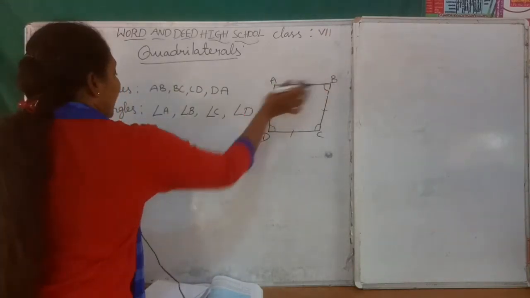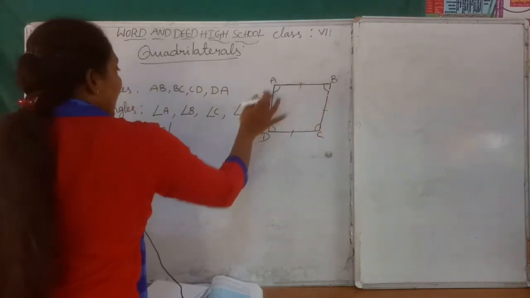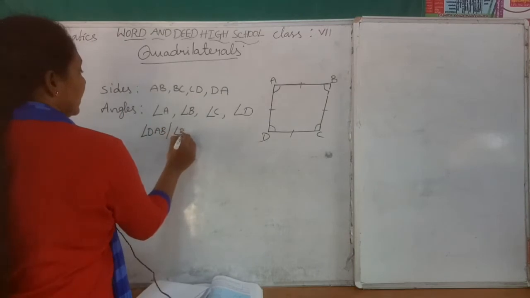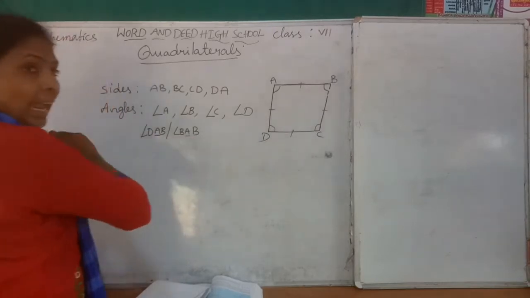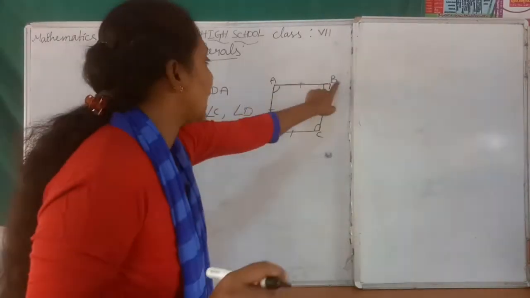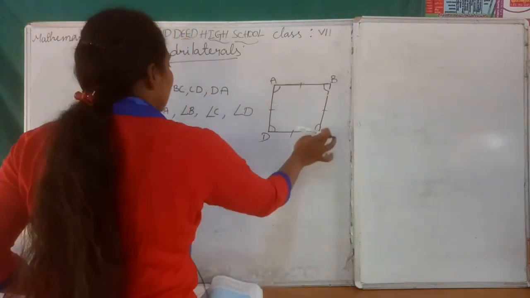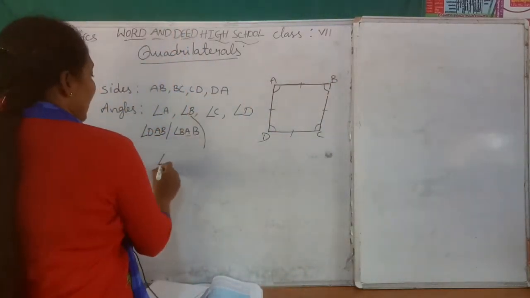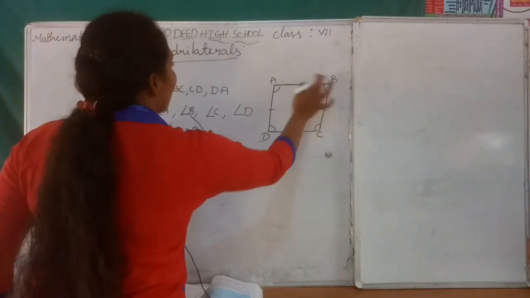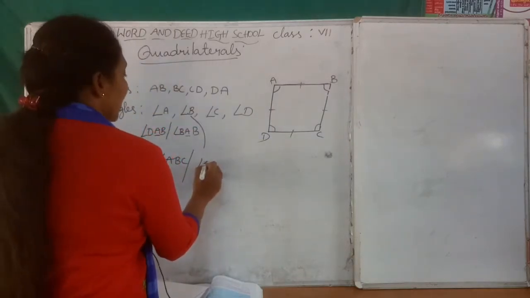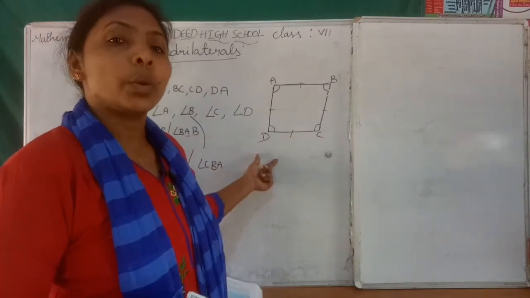Angle DAB or angle BAD. Anyway we can write. In between we should have A. So angle DAB or angle BAD. Suppose this angle, how can you write? Angle ABC or angle CBA. Anyway you can write, children. Okay. Like that, the remaining 2 angles also you can write.